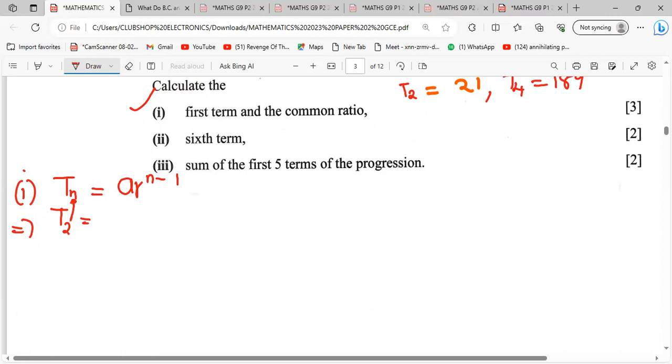It will be AR^(2 minus 1), and they're telling us that the answer must be 21. Implying therefore that AR^(2 minus 1) is AR^1 equal to 21. We can call this equation 1.